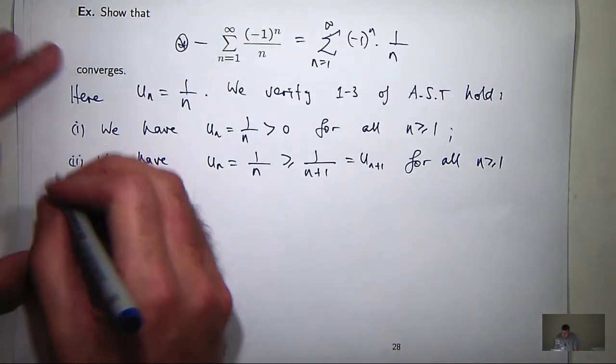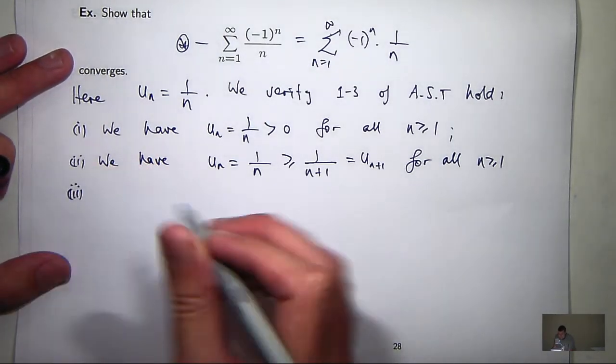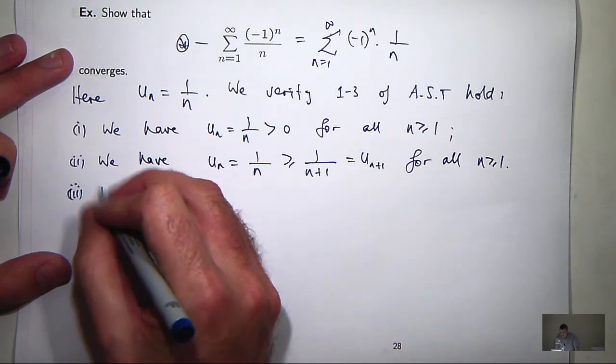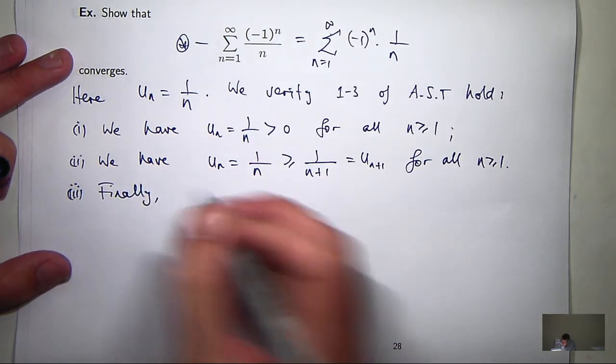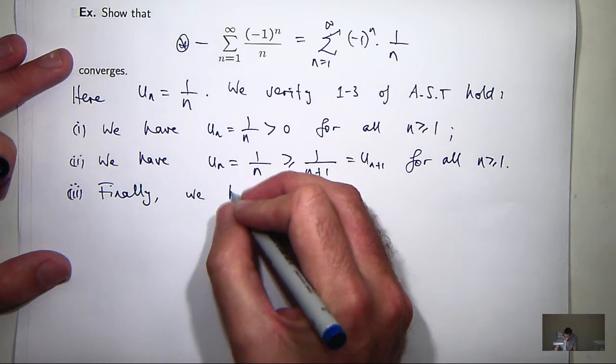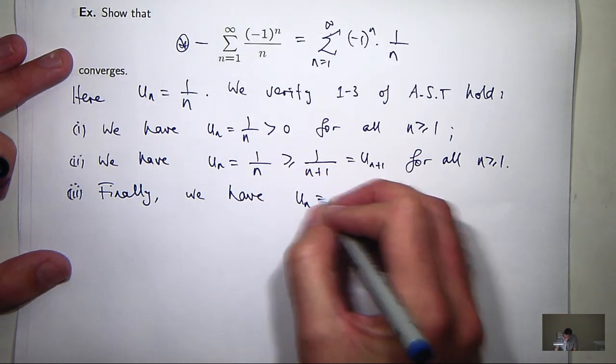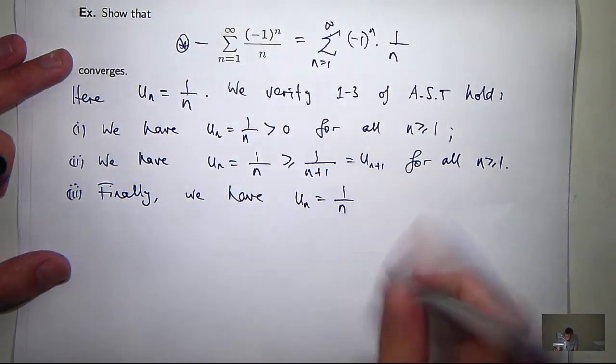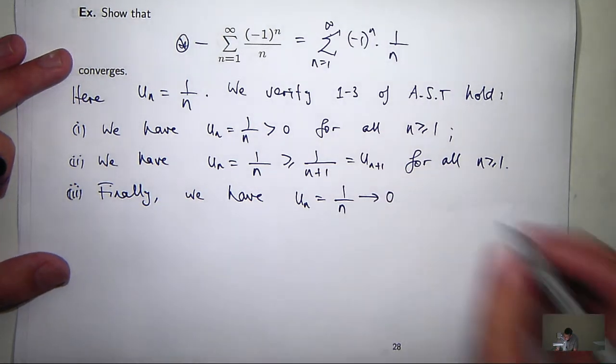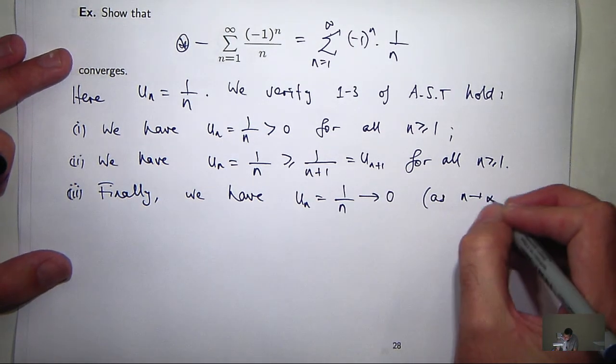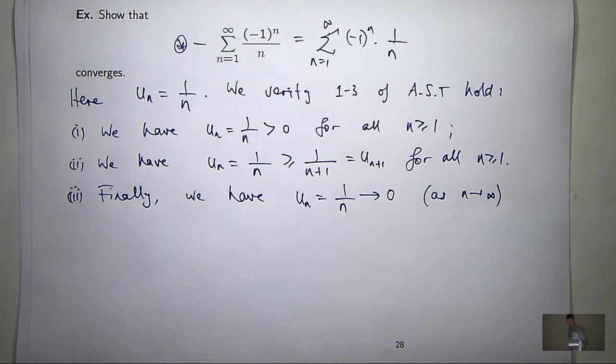And the third one, we just want to show that the u_n go to 0 as n goes to infinity. So as n gets large and positive, this is going to get small, or it will tend to 0.